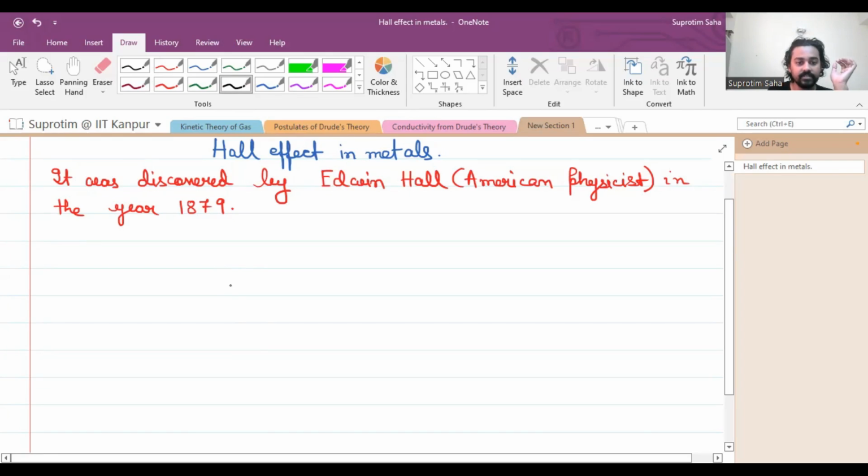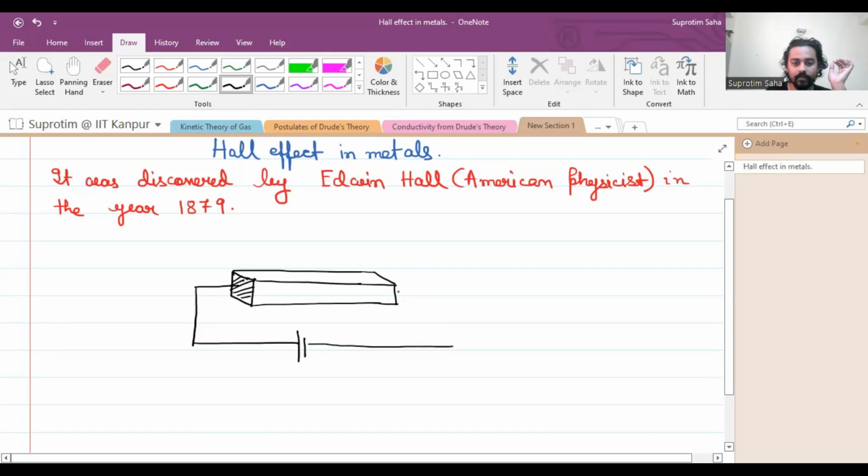So in case of a transport experiment, what you have is a sample. This is the cross-sectional area. What you try to do is send current in this conductor and measure voltage across the sample.